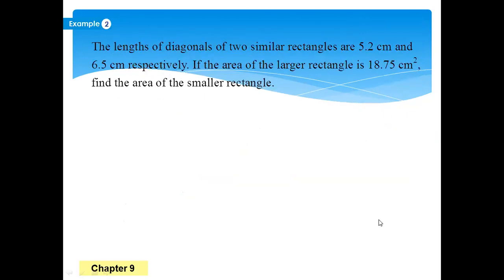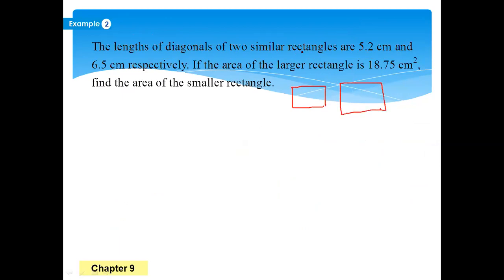Then the next question, question 2. There are two similar rectangles of diagonals 5.2 cm and 6.5 cm. Draw you the figure just for reference, not in scale. A small and a big rectangle.